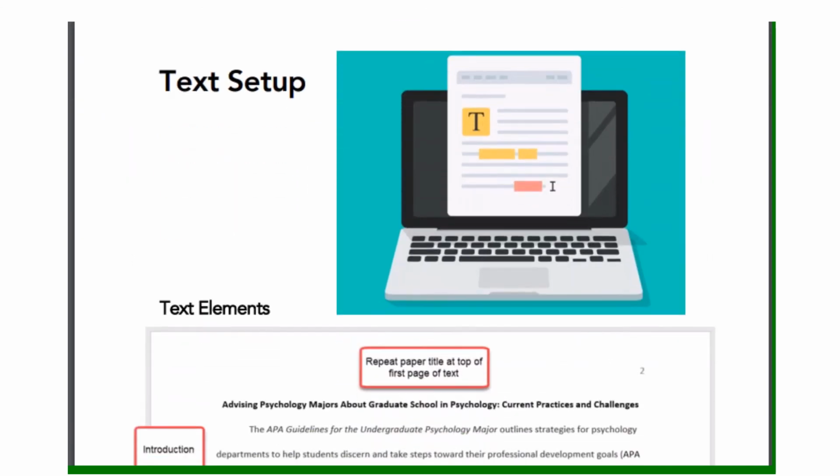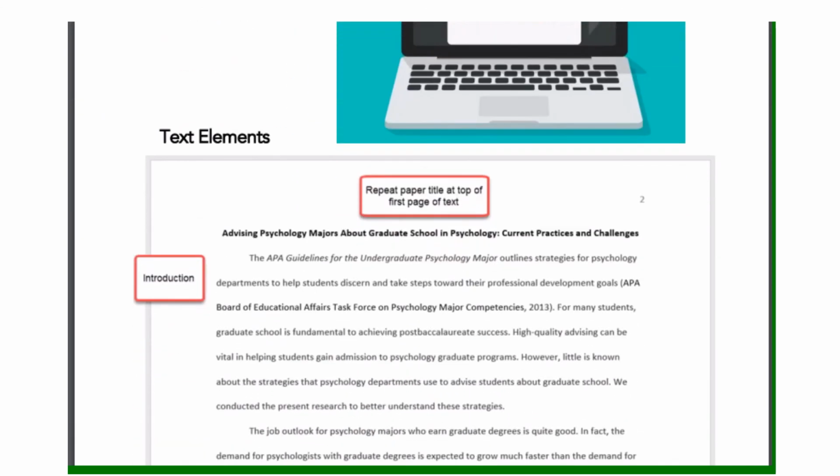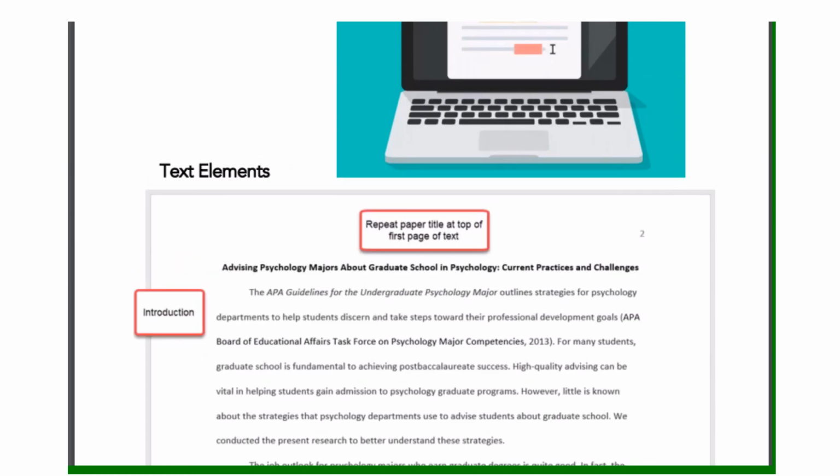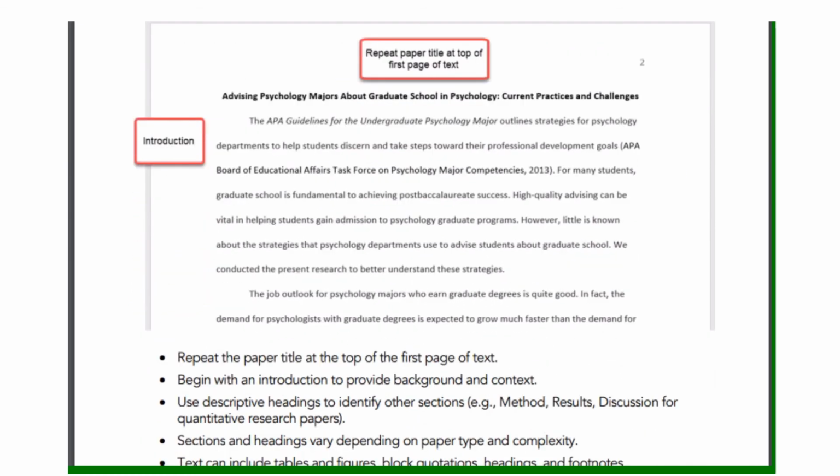Although it's really nice to have something creative, bold, fancy on the front page, I do want you to have it consistent with the rest of your font. So please use the same font on your title as well as the rest of your paper. This is where it tells us our text elements and how they are set up.